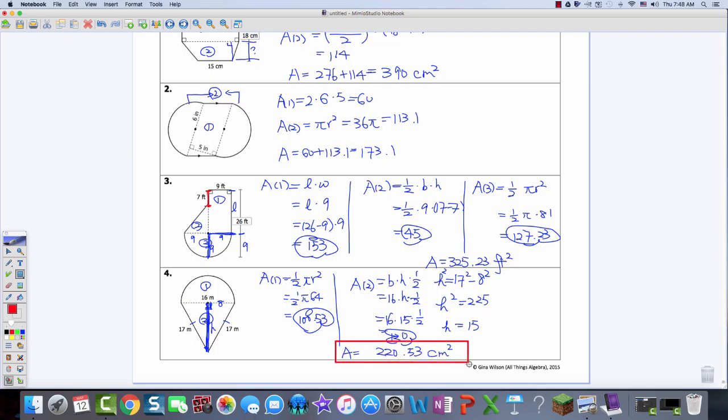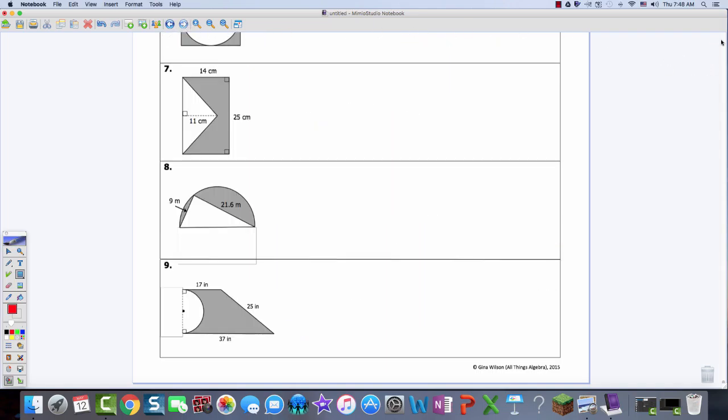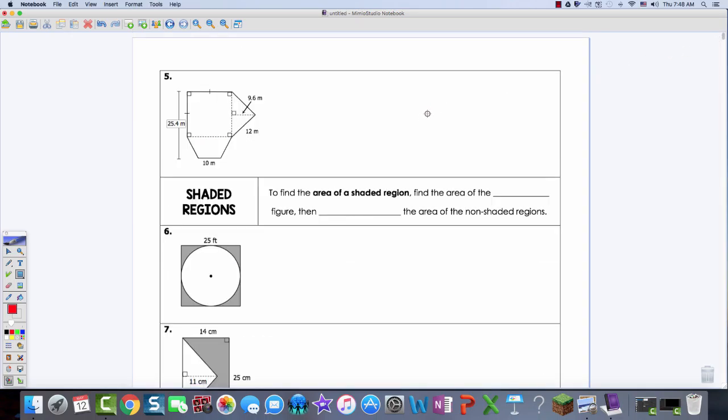All right, so that's this page. Here's my final answer, let's take a look at the next one. So this one is a little harder, but it's not terrible. So again, I have three areas.